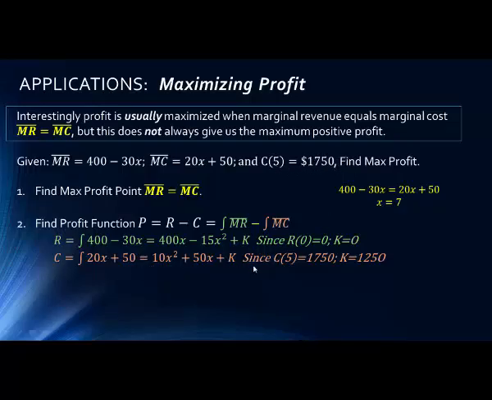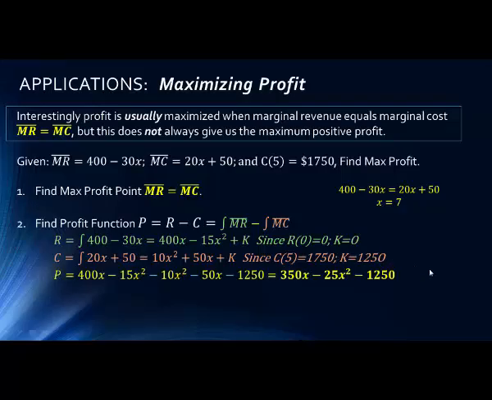So if we plug 5 in for x, we get 10 times 5 squared, which is 250, plus 50 times 5, which is another 250, and then set it into this equation, we get k equals 1250. And again, this is mainly algebra. All I've done, if this is C of x right here, then we plug in 5 and set it equal to 1750 and solve for k.